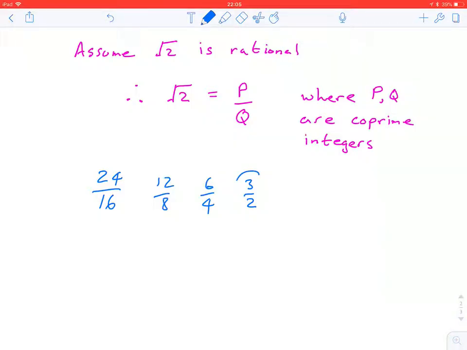But we reach a point where we can't cancel anymore. We can't cancel fractions down infinitely. So eventually we can choose the 2 integers to be co-prime, so they have no common factor. They've been cancelled as far as it's possible to do so.